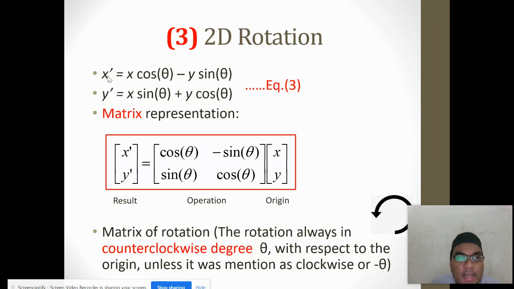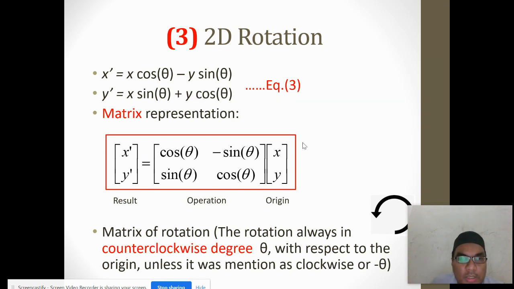For the x dash, this is equation number 3: x dash is the x coordinate multiplied by cos theta, minus the y coordinate multiplied by sin theta. While for the y dash, the resulting value is x multiplied by sin theta plus y multiplied by cos theta.